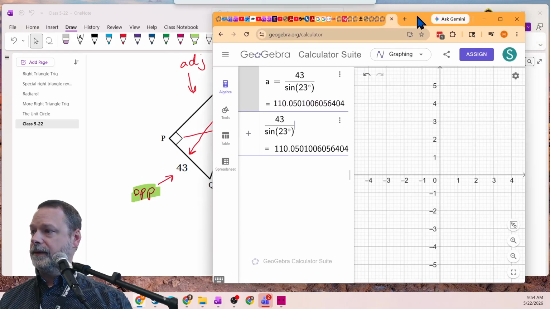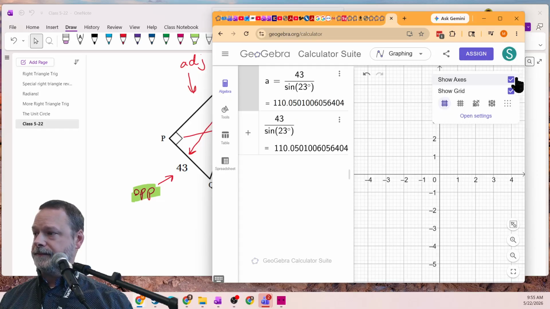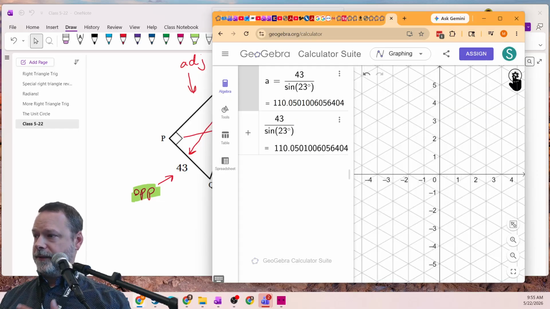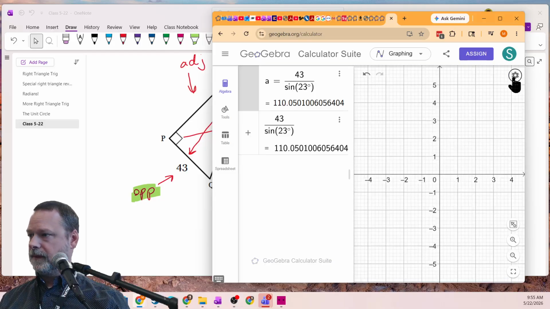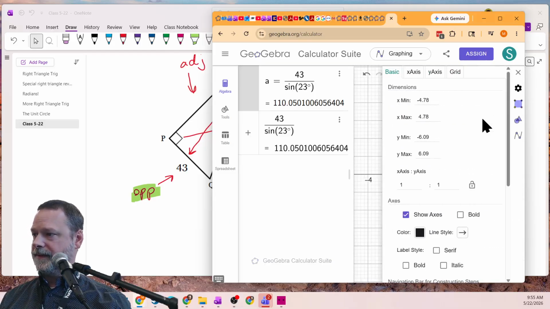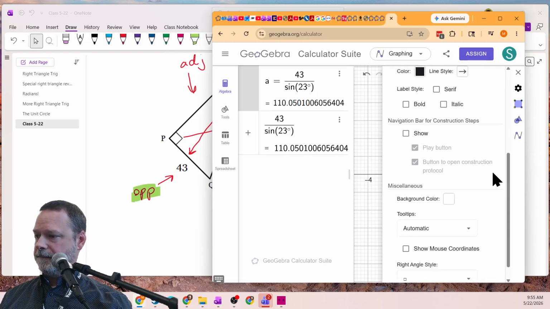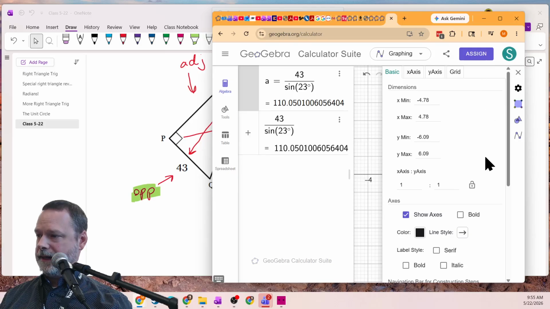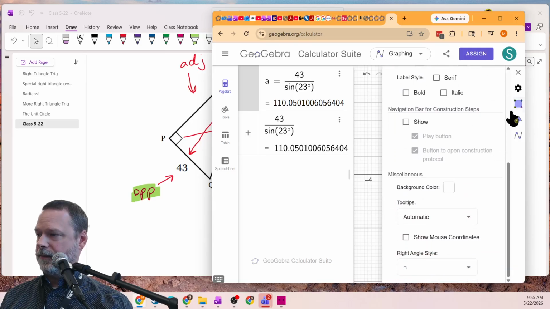But with whatever calculator you're using, you have to make sure. I wanted to open settings. Usually somewhere it's going to say whether we're in degrees or radians.